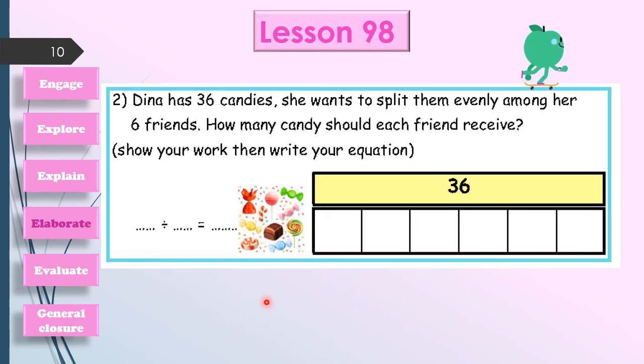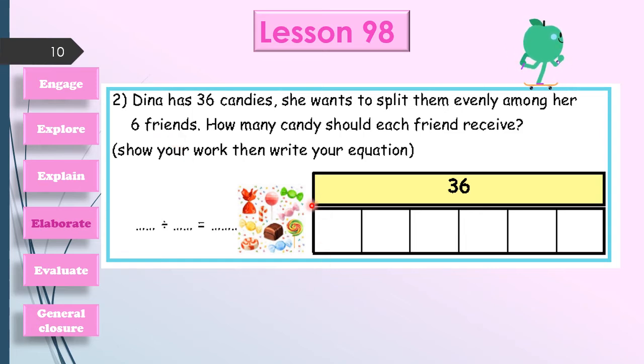First of all, read in your own self. Then go sentence by sentence and translate each sentence. Dina has 36 candies. Now we have one whole is 36. She wants to split them evenly among her 6 friends.